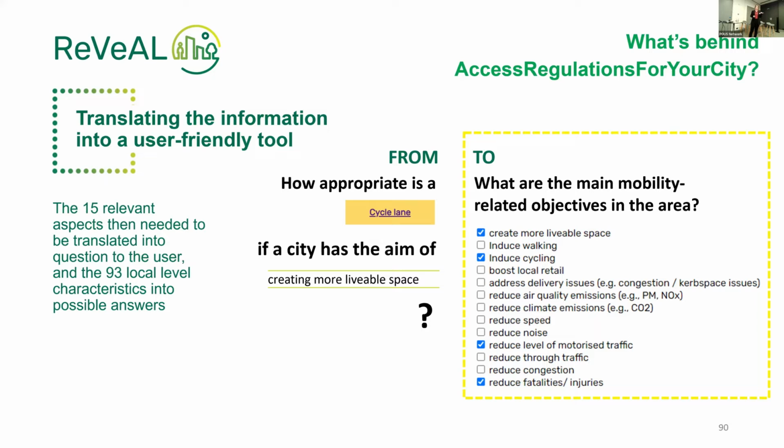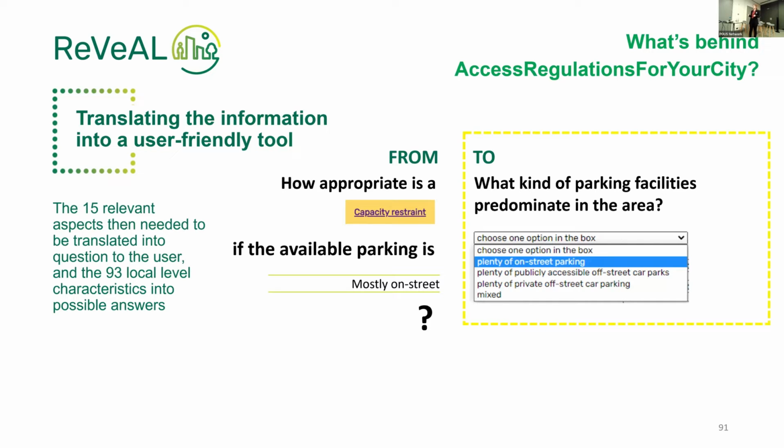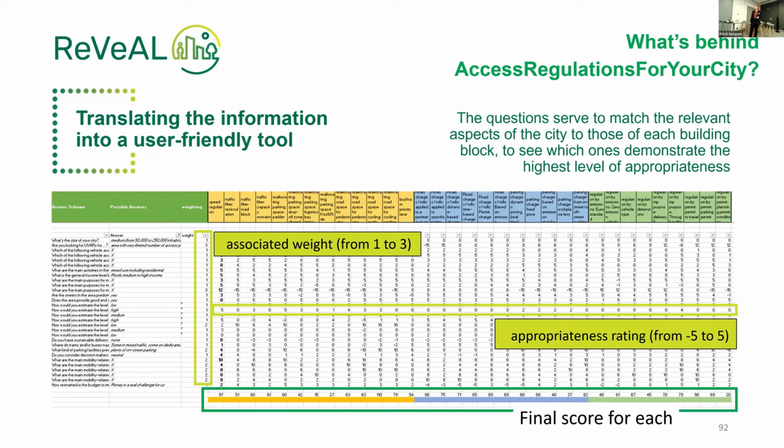As you'll see after our presentation when we try the test, in some questions you can choose different options, for example the objectives of the area could be more than one. Other questions have to be answered with only one choice, and they illustrate more specific characteristics of the city.